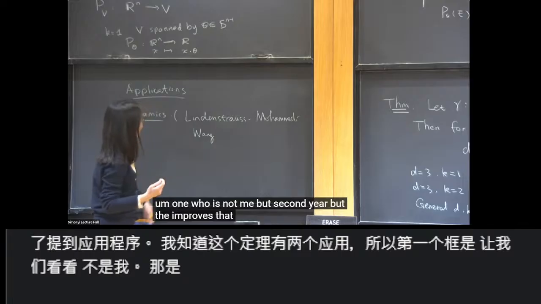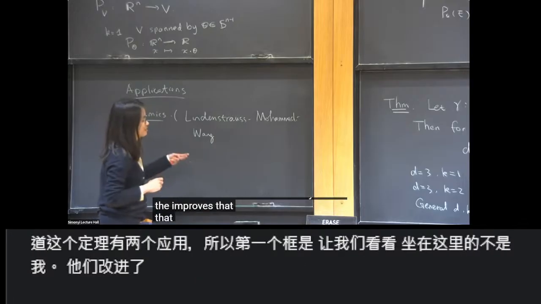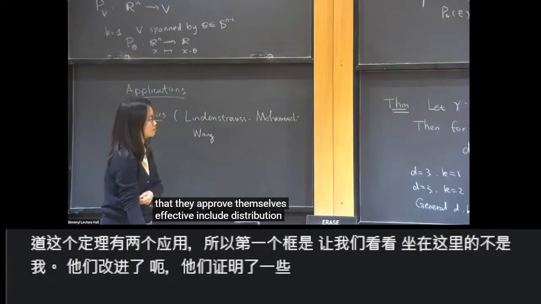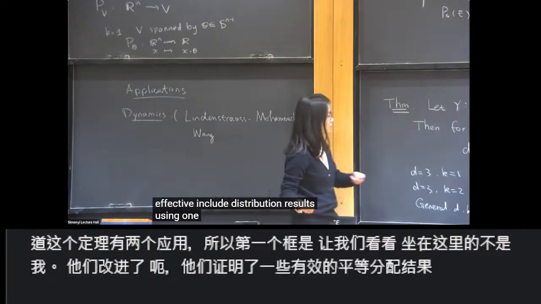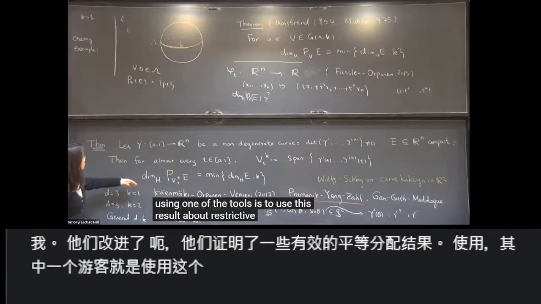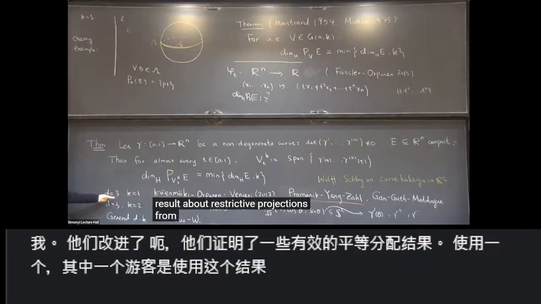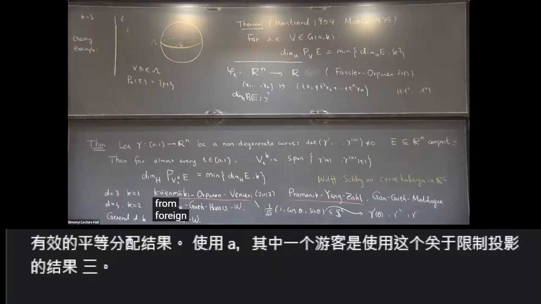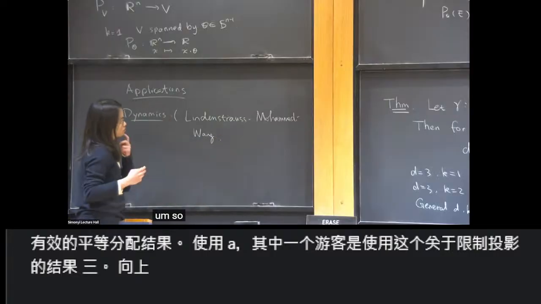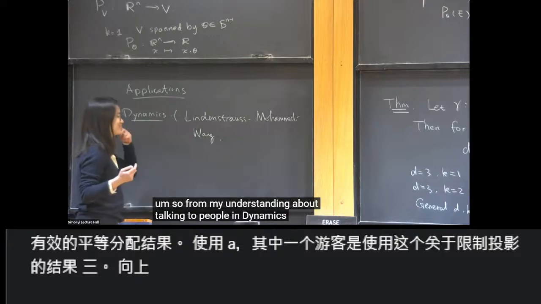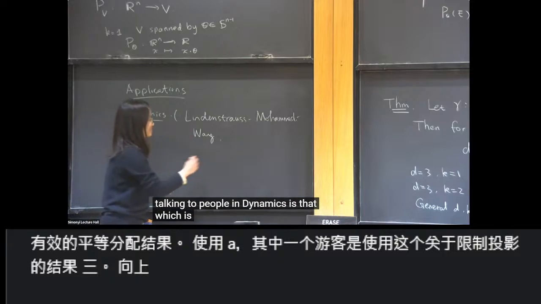They proved some effective equidistribution results using, as one of the tools, this result about restricted projections from R3 to 1R.